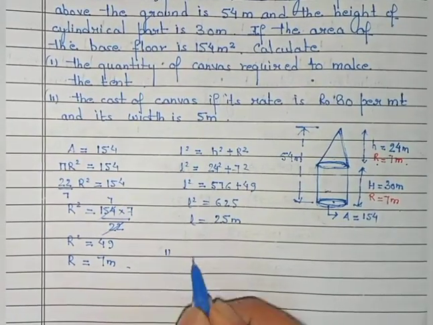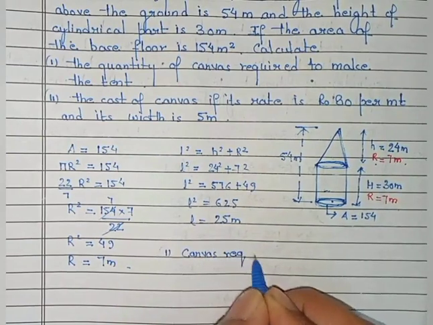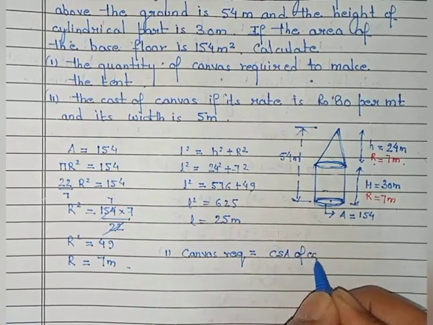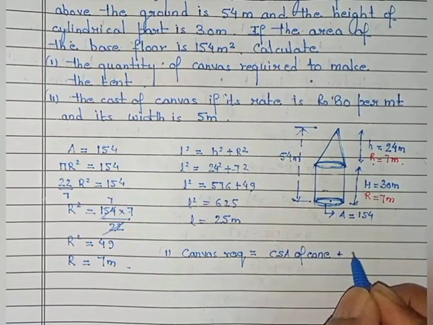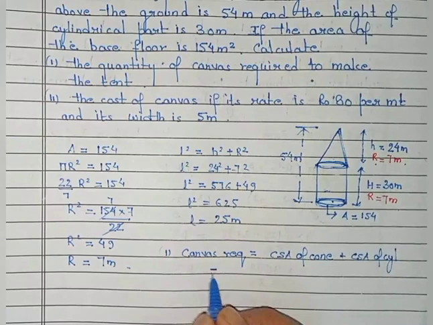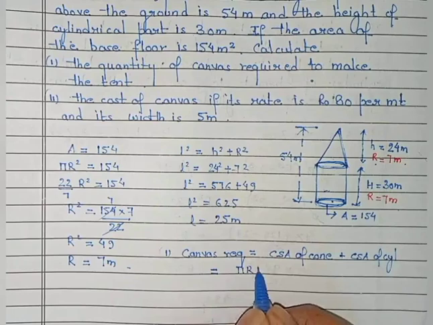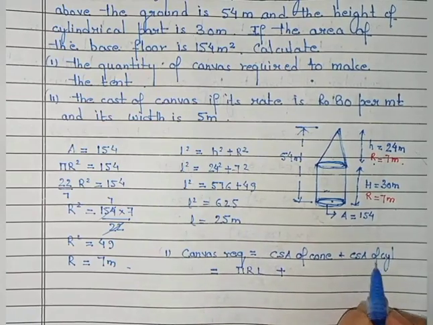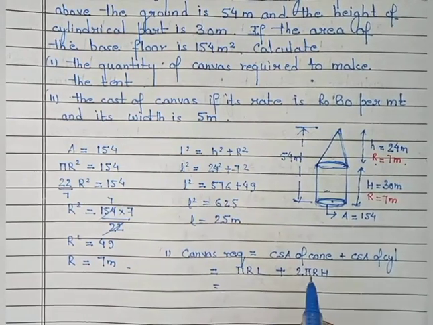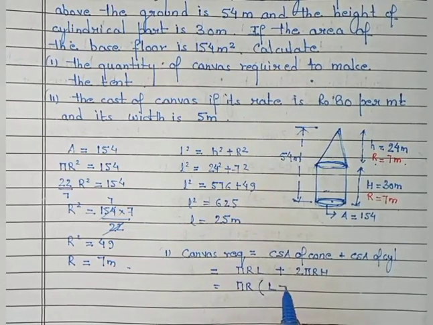For the conical portion we have the formula pi RL, and for the cylindrical portion we have the formula 2 pi RH. As the radius is the same, you can take pi r common.